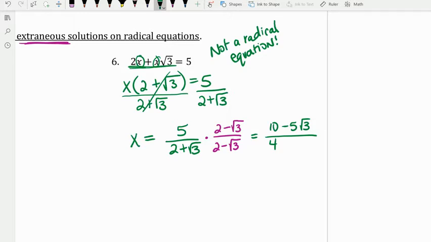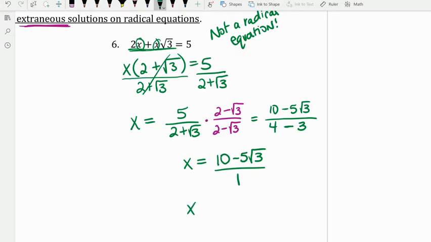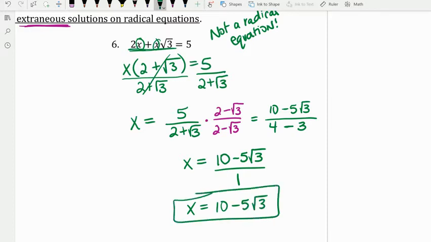So then positive radical 3 and negative radical 3, I will get negative radical 9, which is just 3. So then if we simplify that, we get x equals 10 minus 5 radical 3 all over 1, which we don't really need the over 1 on the bottom. So it's just 10 minus 5 radical 3 for our answer.